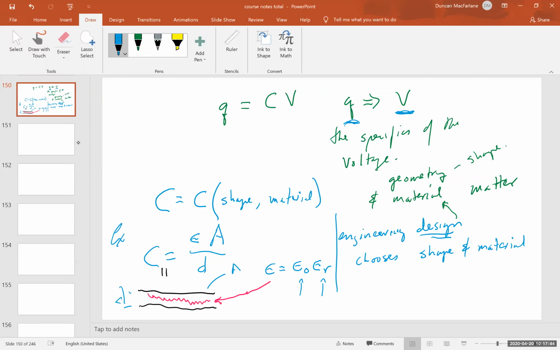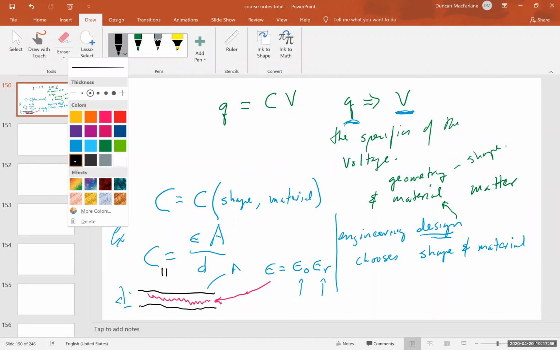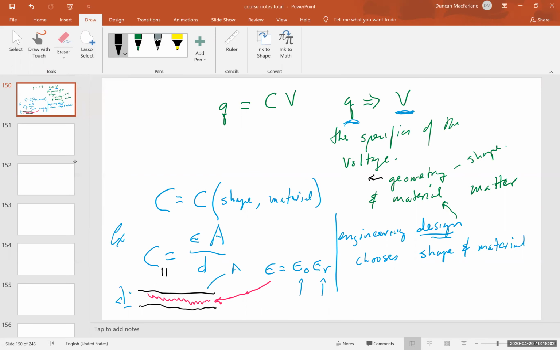And the only reason I'm bringing this up is A, you may have seen this simple formula, epsilon A over d, in a physics class. And B, it gives you an example of what I'm talking about, which is the geometry is A over d, and the material is the filling, the epsilon.